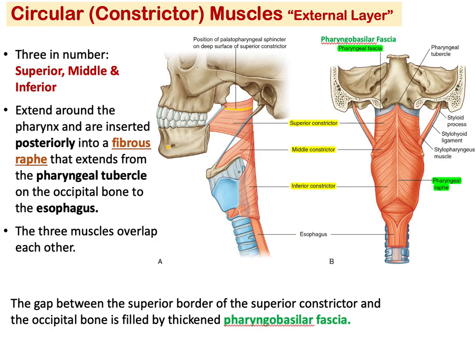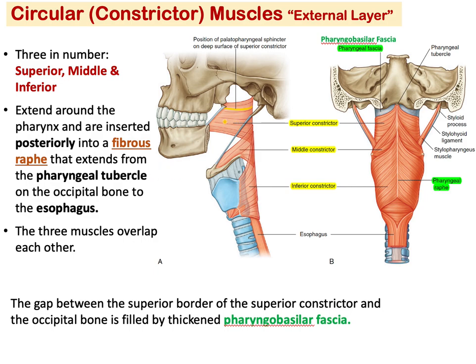And now moving to the muscles forming the pharynx. As I mentioned earlier, the pharynx is composed of circular and longitudinal muscles. So I will start now with the three circular, or we call them constrictor, muscles of the pharynx.